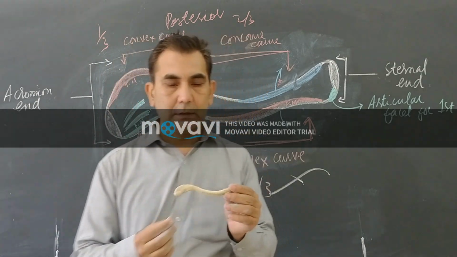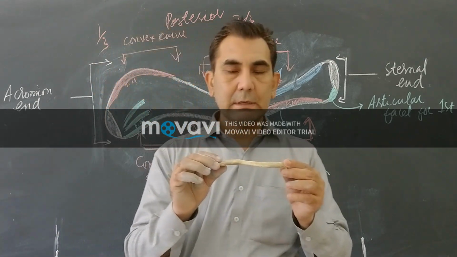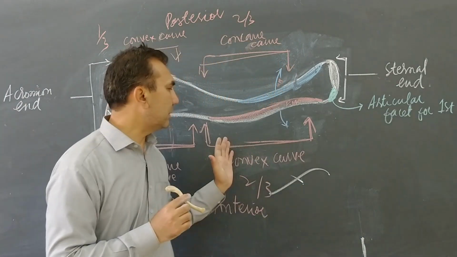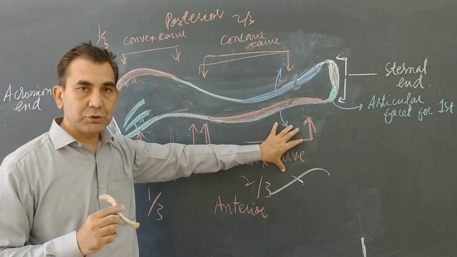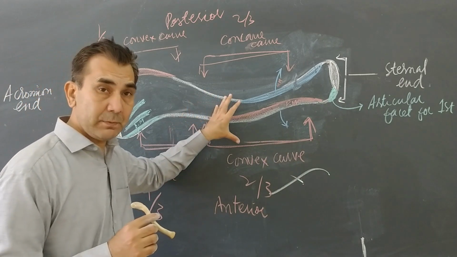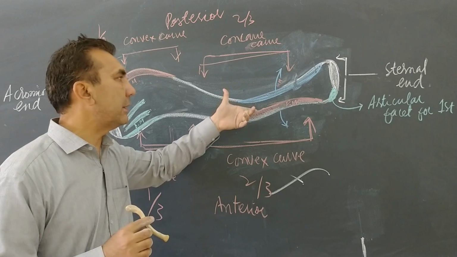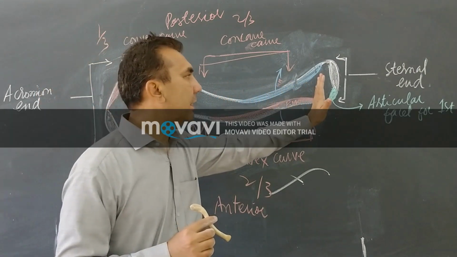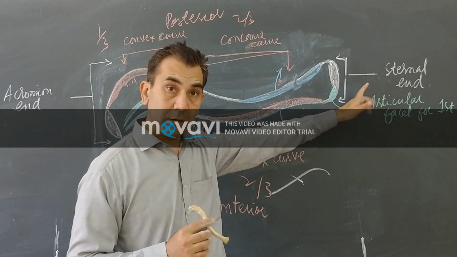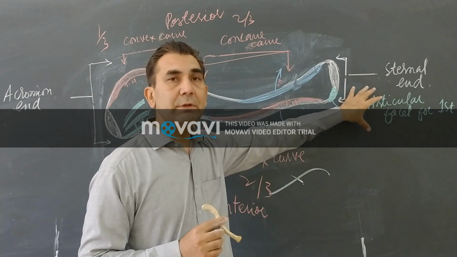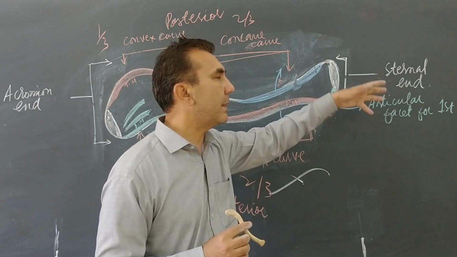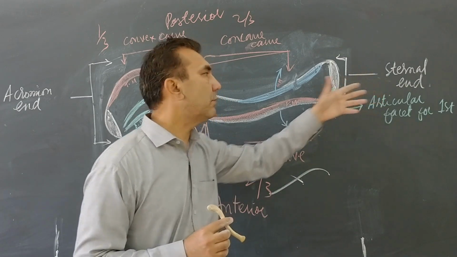On the clavicle, if you see, it has two portions. The two-thirds portion is rounded and cylindrical in shape. It has two ends. One end is the sternal end, which articulates with the manubrium of the sternum bone to make the sternoclavicular joint.